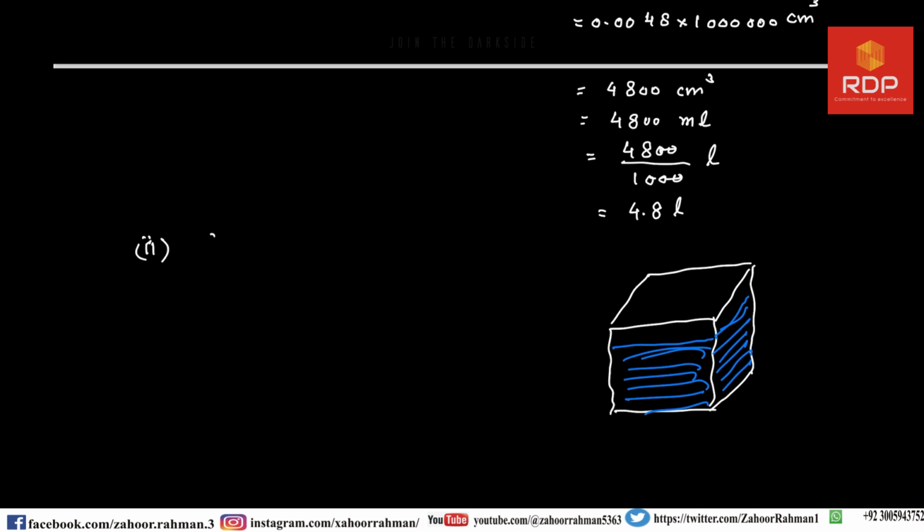So I am writing here surface area of the tank that is in contact with the water.